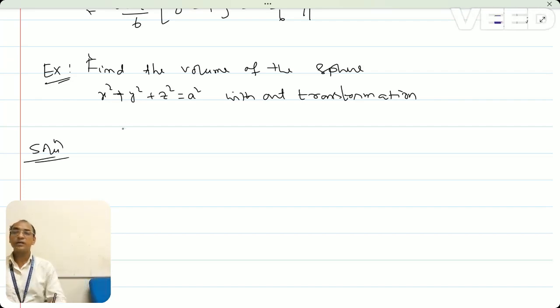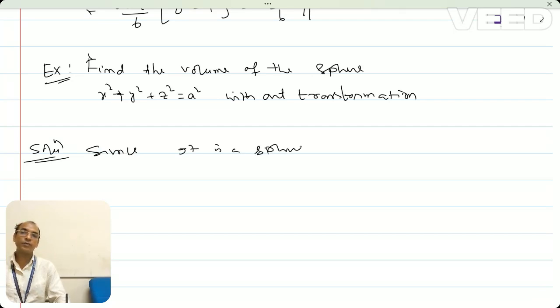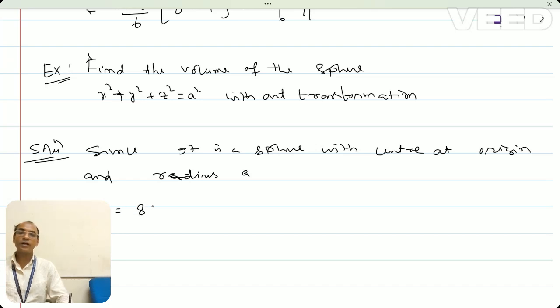Okay, so right here, since it is a sphere with center at origin and radius a, therefore volume will be nothing but 8 into integration over v, and that will be dz dy dx.